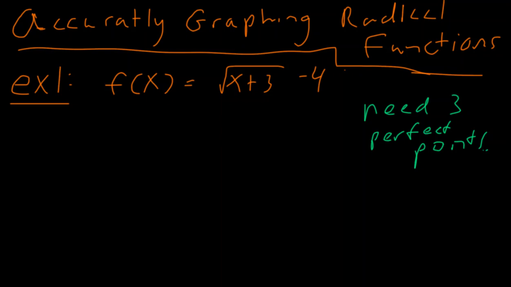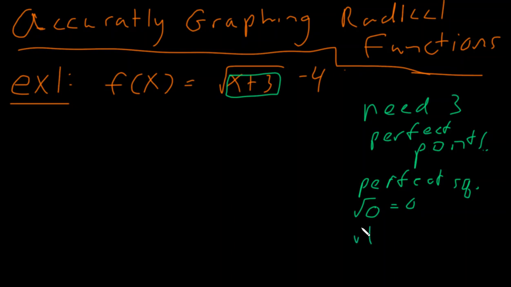Well, we always want to take whatever is inside the square root and set it equal to a perfect square. So we need to know what my perfect squares are. There's 0, because the square root of 0 is 0.